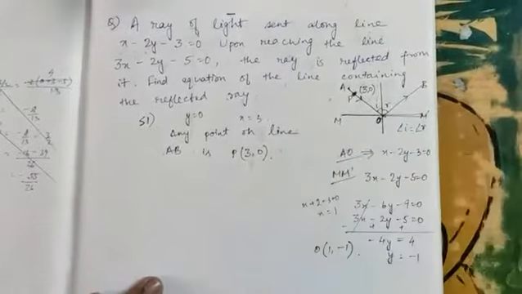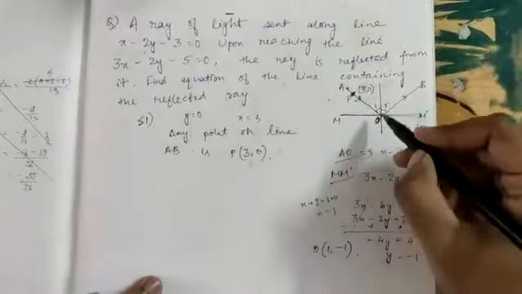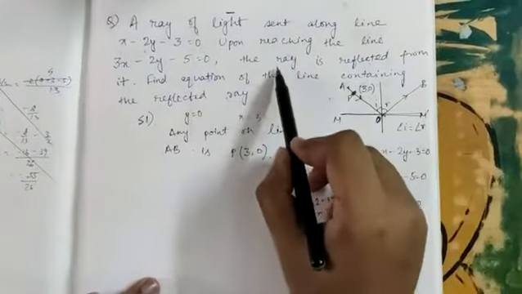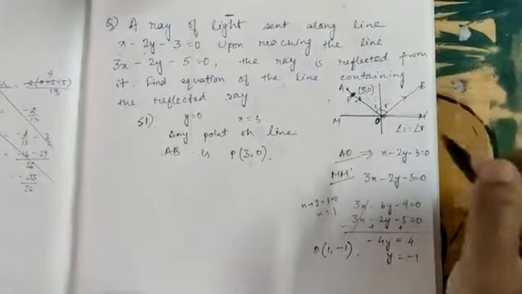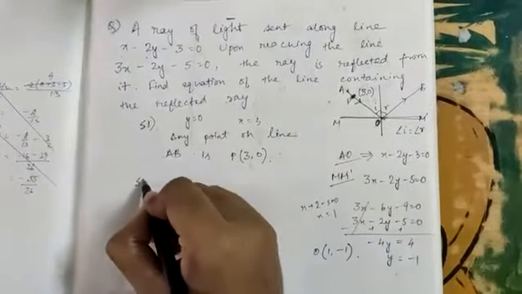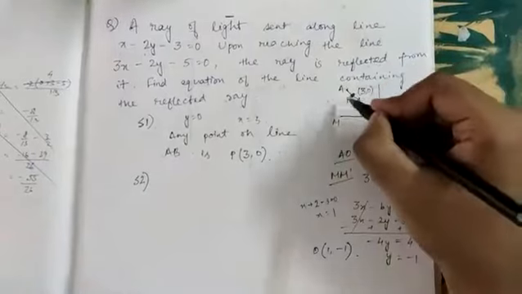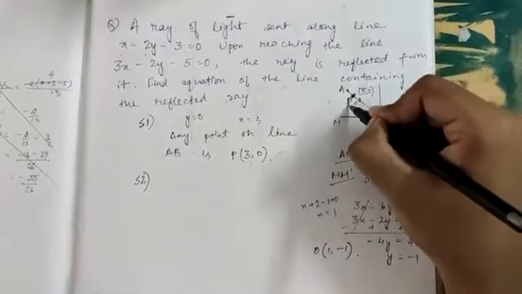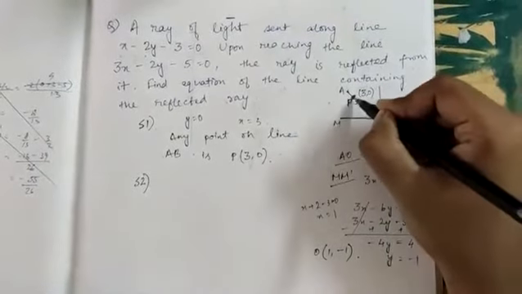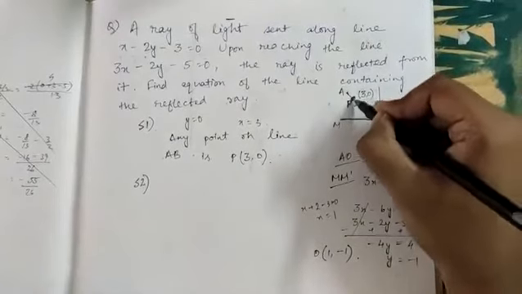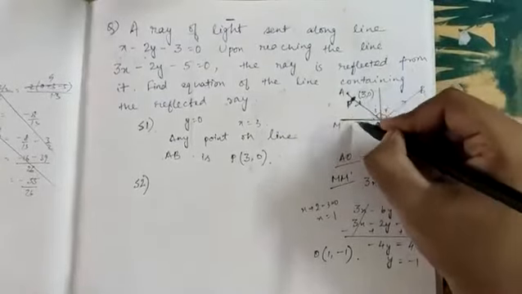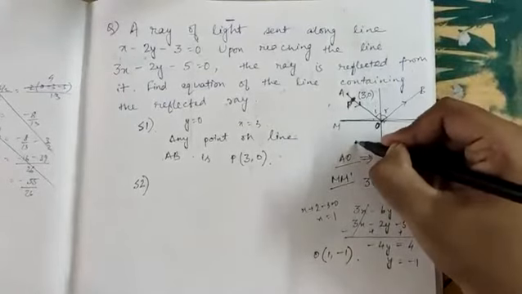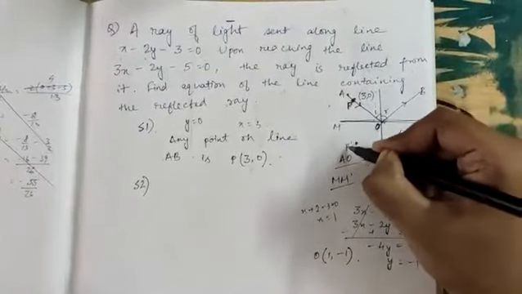Okay, so what we will have to do now is to find the equation of the reflected ray, that is OB, equation of OB. How can we find that? Step number 2. This is a very important step, pay attention. This is the point P and this is the mirror. So what will be the image of the point P with respect to this mirror MM dashed? It will somewhere lie here. I am denoting it as P dashed.